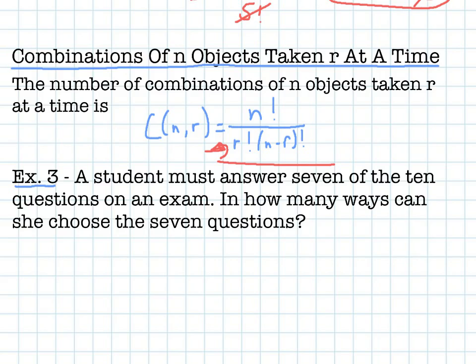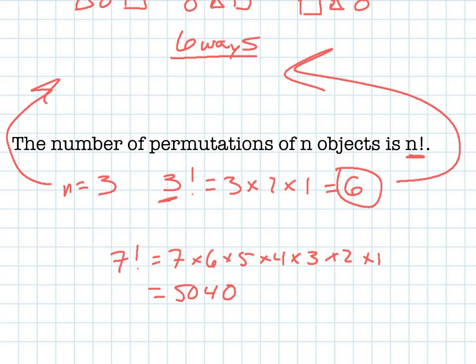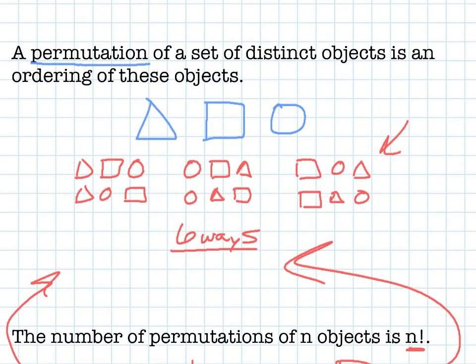So if you go back to this example, since you're using all 3 of the same, like a triangle, square, and circle, for combinations, because it doesn't care about the order, triangle, square, circle is the same thing as square, triangle, circle.